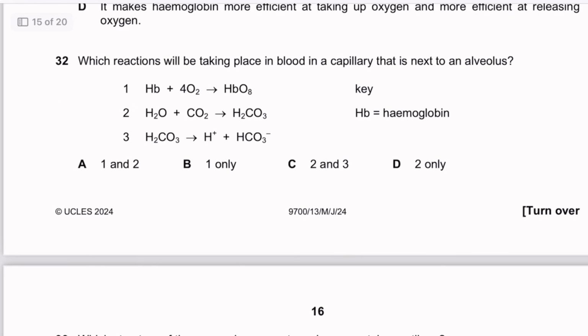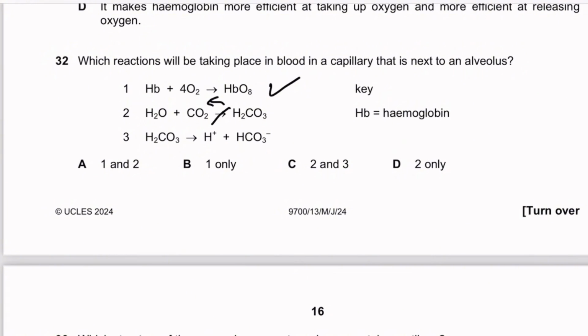Now, which reactions take place in the blood in the capillary next to an alveolus? Next to an alveolus is where carbon dioxide will be released, and oxygen will be attaching to hemoglobin. So yes, oxyhemoglobin will form, and then will carbonic acid be formed? Actually no, carbonic acid will be broken down, and it forms carbon dioxide so that carbon dioxide can leave and go into the lungs.